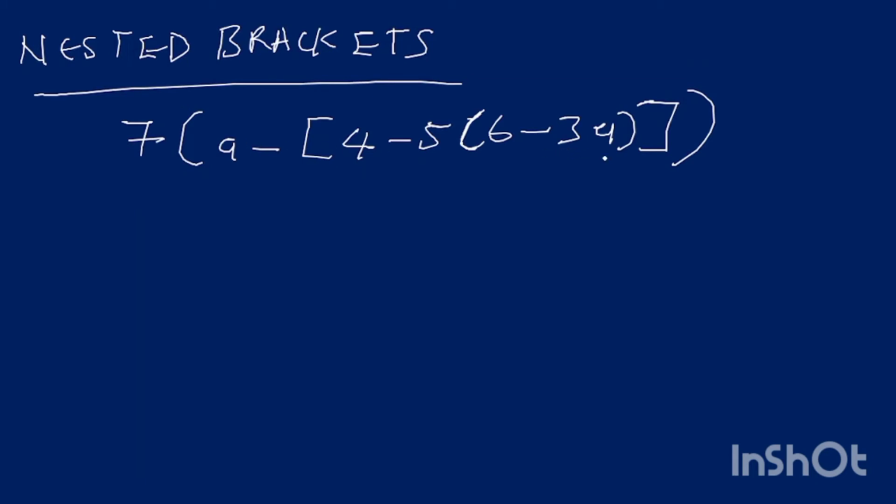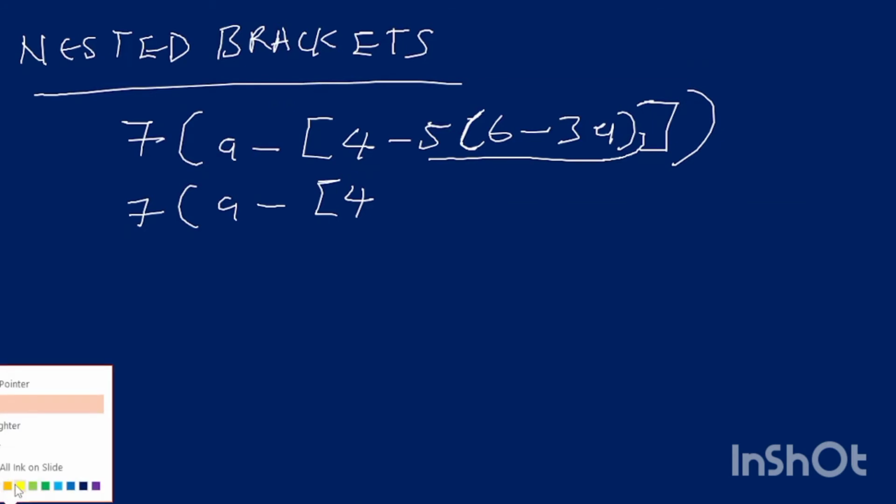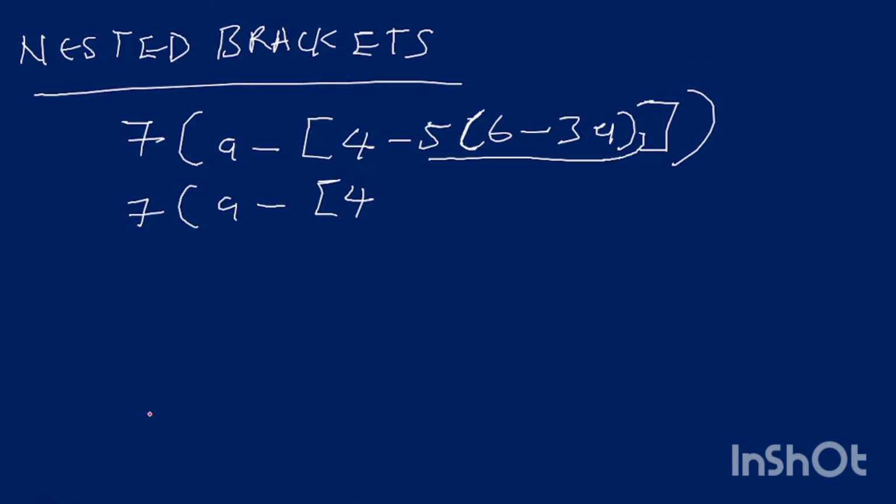So how do I expand this? First of all, we remove the innermost bracket. So we say 7 into a minus 4 minus, now removing the innermost bracket, 5 multiplied by 6 minus 3a.